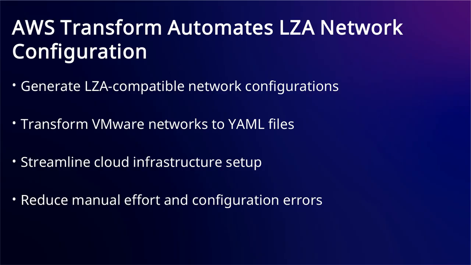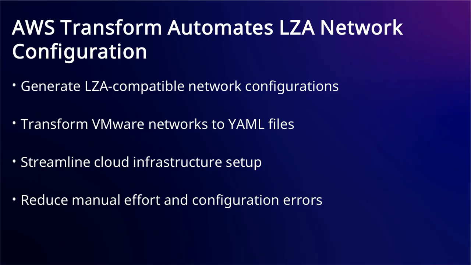Migrating VMware workloads to AWS often requires manual recreation of network configurations, which can be time-consuming and error-prone. AWS Transform for VMware now automates the generation of network configurations for Landing Zone Accelerator, LZA. You can automatically generate LZA-compatible network configurations from your VMware environments.